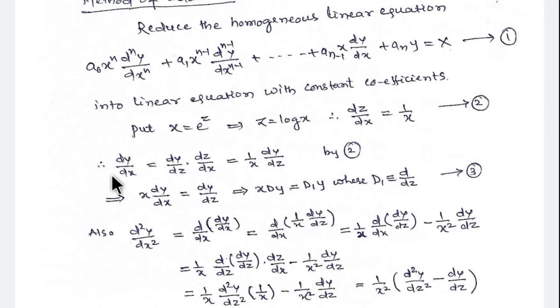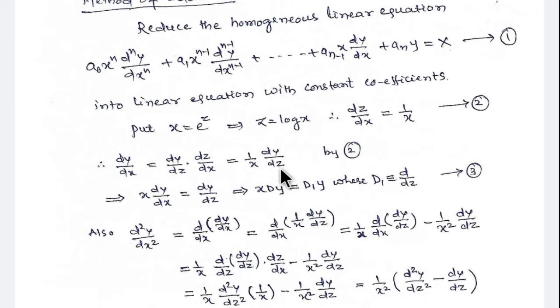Now we have to find all the derivatives in terms of z. So the independent variable is changing from x to z by this transformation. Wherever there is dy by dx, you can change it in terms of z.